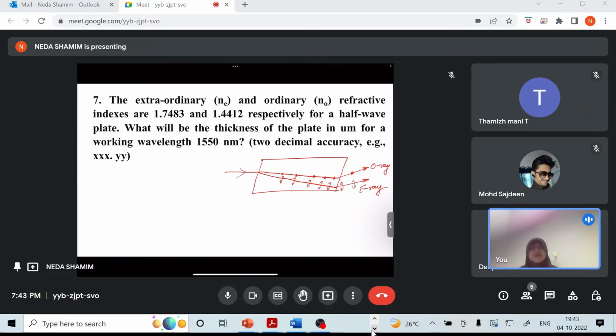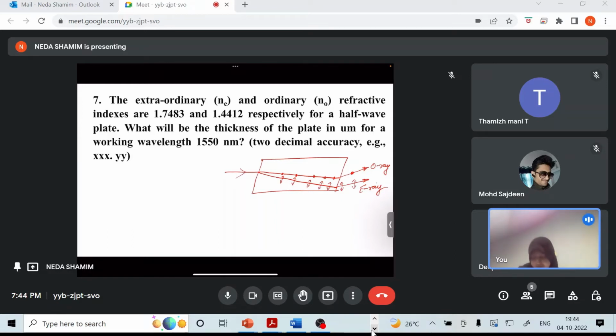These retardation plates are used to introduce some phase difference between the ordinary and the extraordinary rays. You want to know the thickness of the plate in micrometers for a working wavelength of 1550, which is the infrared region. Do you know how to solve this problem? Can you please tell me how to solve it?